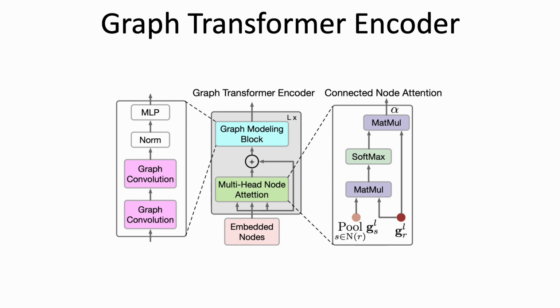The proposed connected node attention aims to capture long-range relations across connected nodes. The proposed non-connected node attention has the same structure as connected node attention, but takes non-connected nodes as input. It aims to capture long-range relations across non-connected nodes.